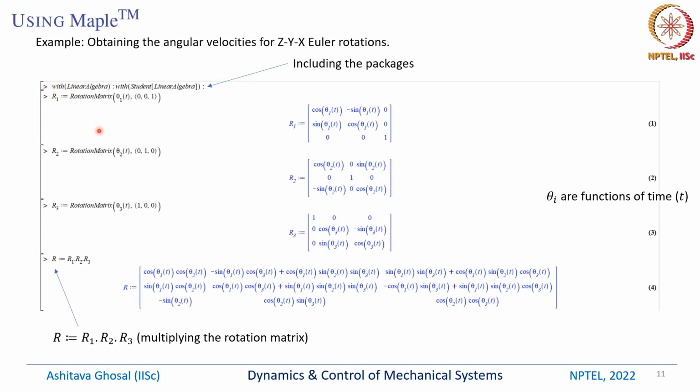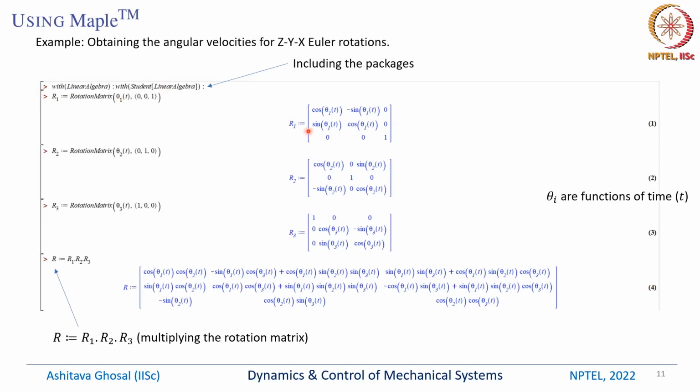0, 1>). So what it means is that I want to rotate about a vector 0, 0, 1, which is nothing but the z-axis, by an angle theta 1. So if you type this in that command prompt in Maple, then you will get this matrix.